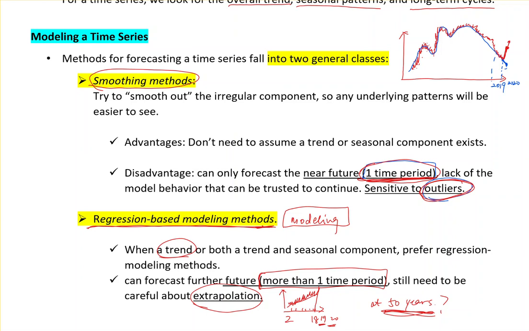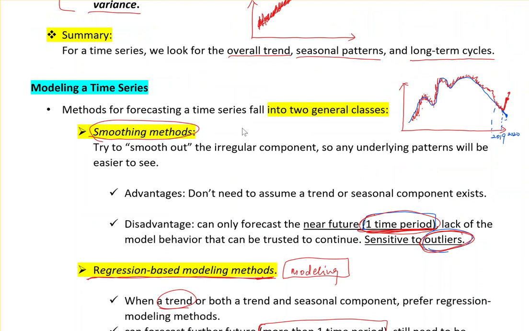So we have already talked about the smoothing method and the regression method, but what are they exactly? For this video, we'll just focus on the smoothing method. For smoothing methods, in this class we only talk about two. This is the first class of modeling method, and this is the second.